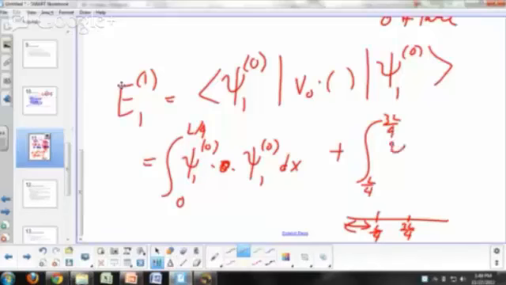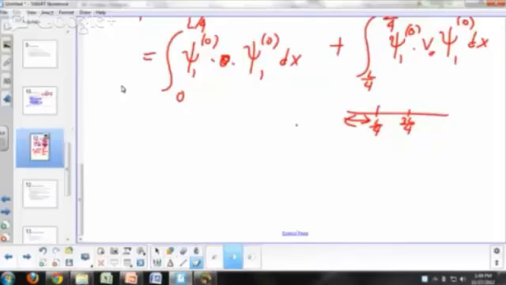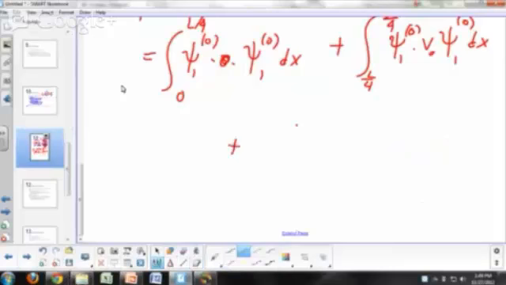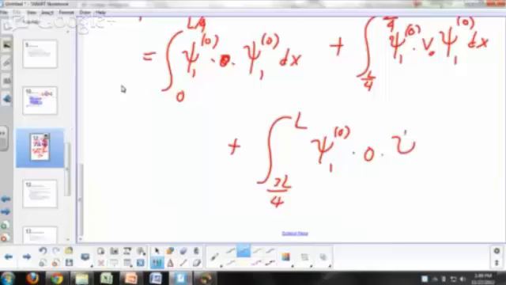We're going to have psi 1 naught times V naught times psi 1 naught dx, right? And what would be the third term here? Beyond 3L/4, you're going to have the integral from 3L/4 to L of psi 1 naught times 0 times psi 1 naught dx.